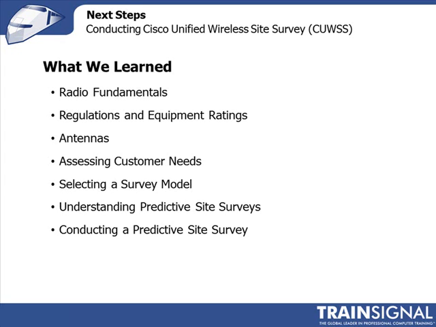We then did a demo of creating a predictive site survey for the Train Signal headquarters location using the Cisco Wireless Control System tool, and we used that tool in planning mode.